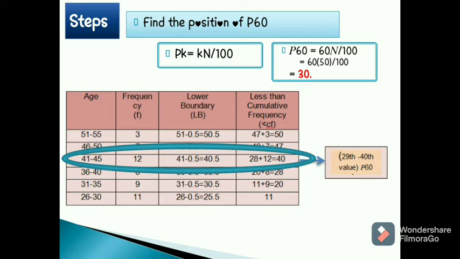Now we can substitute this data to our formula. For frequency, we have 12. For our LB, we have 40.5. And for the less than CF, the CFB or cumulative frequency before, instead of writing 40, we have to write 28 because it is before the class of percentile 60.